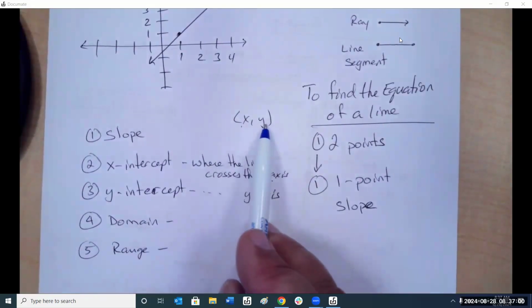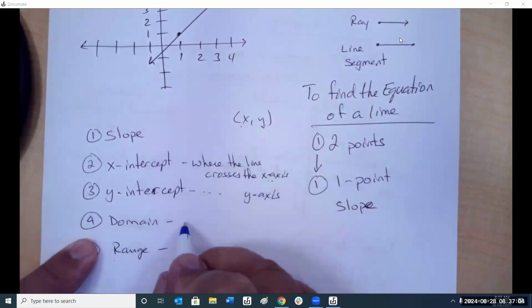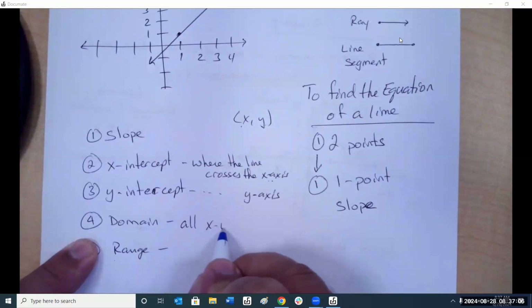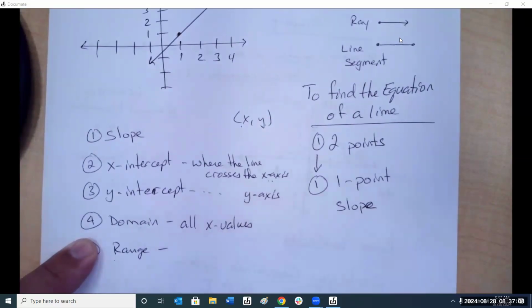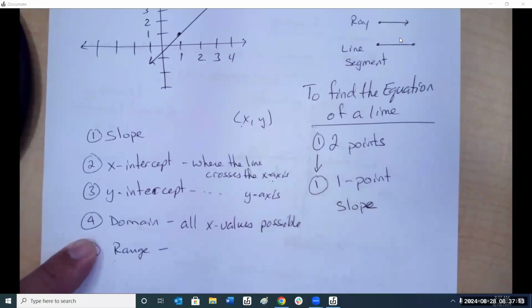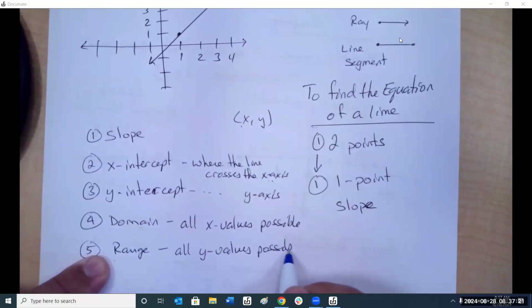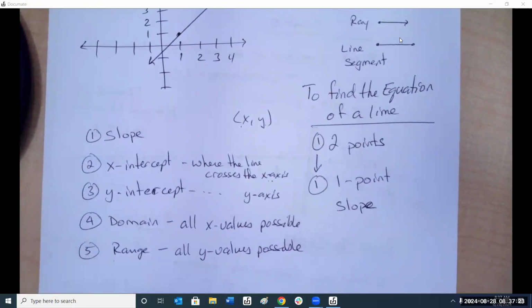Because X comes before Y, D comes before R. The domain are all X values possible. R is for range. That's all Y values possible. Whenever we talk about domain, we talk about what X values can we use? Range, what Y values can we have?